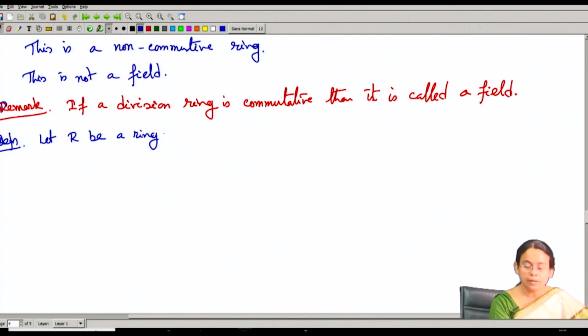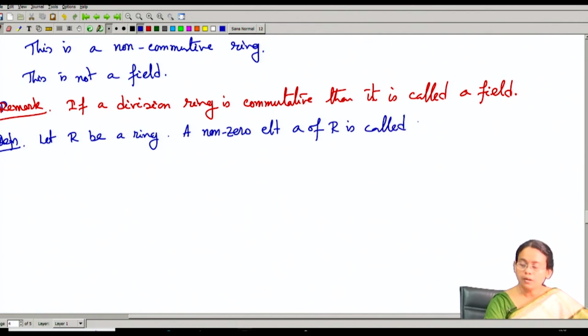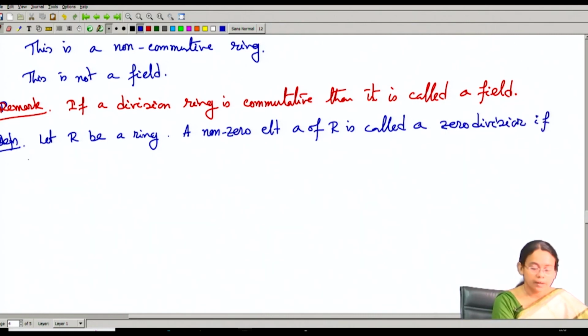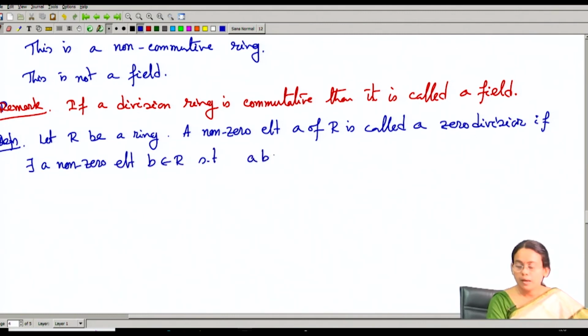A non-zero element A of R is called a zero divisor if there exists a non-zero element B in R such that either A dot B is 0 or B dot A is 0.